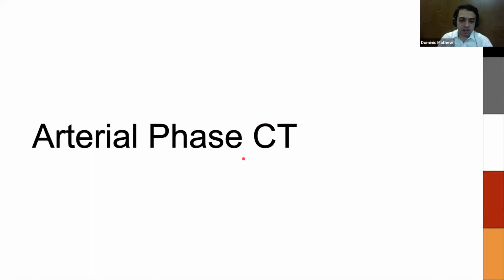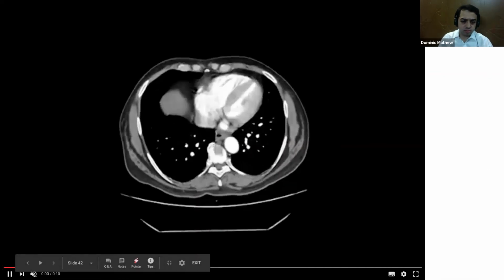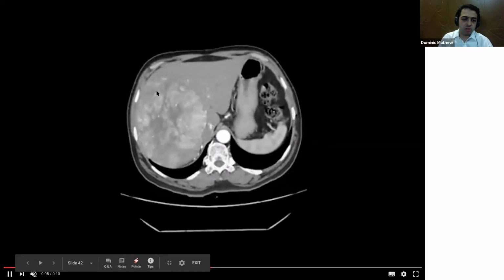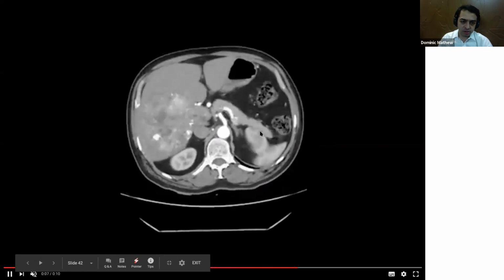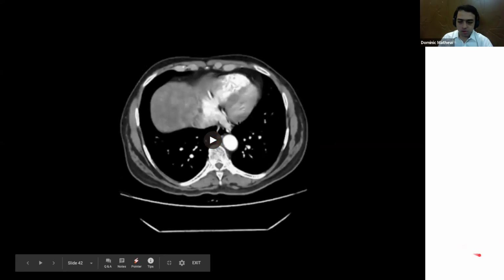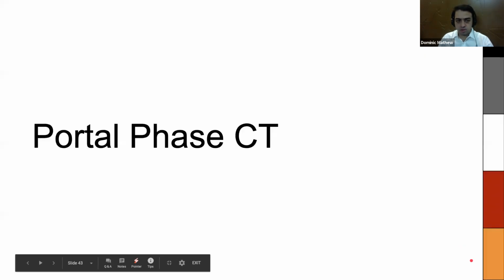Now this is the arterial phase CT. You can see the well encapsulated tumor with arterial phase enhancement. This is the portal phase CT.